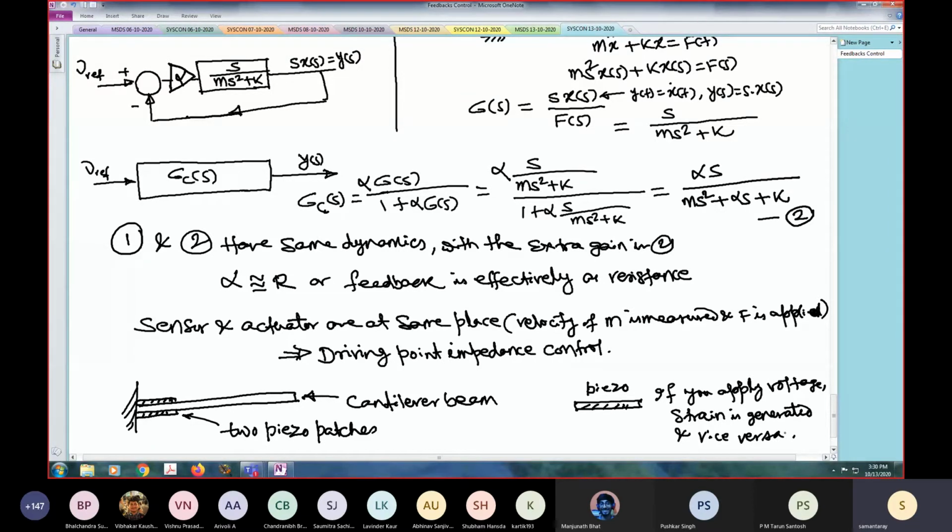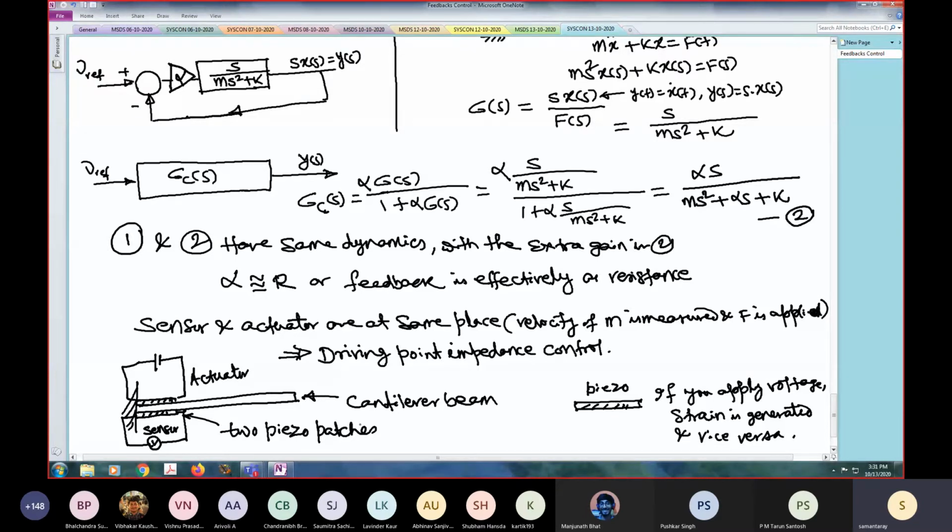All right. So one of them we can connect to a cell. This is actuator. And the other one we can connect to a voltmeter, that is sensor. So two sides there are piezo patches. One of them acts as a sensor, the other one as an actuator. So you measure this voltage and put it in a feedback loop to actuate it.